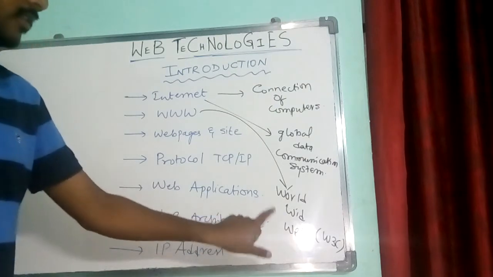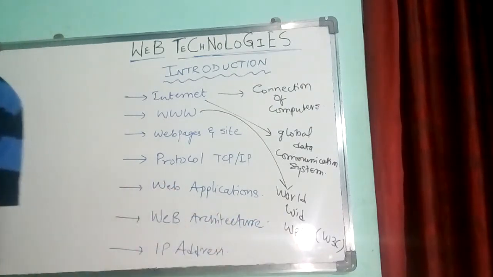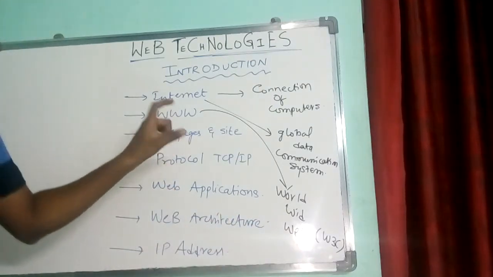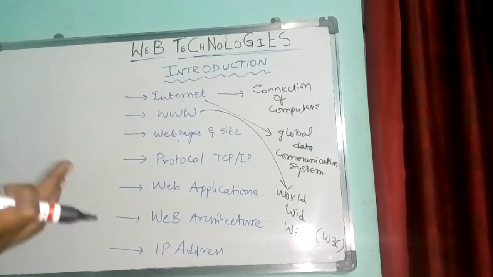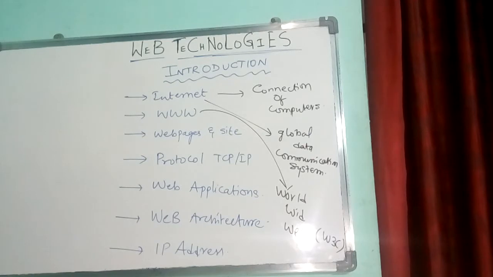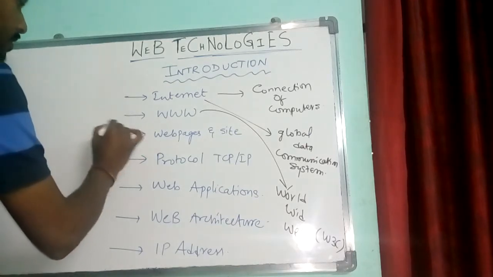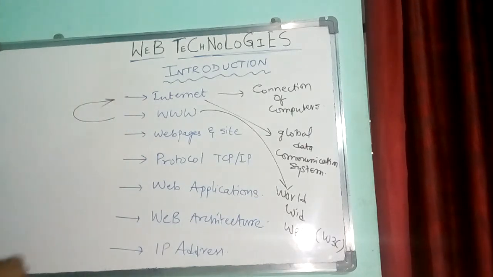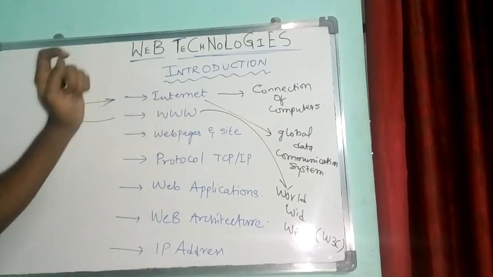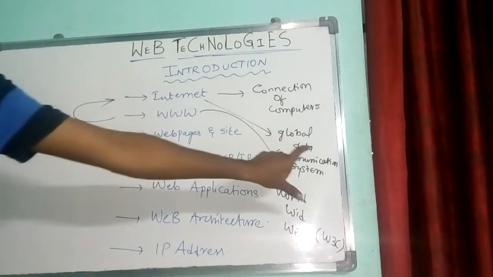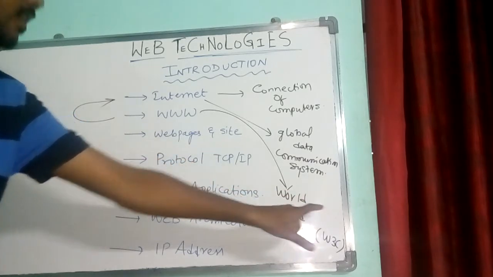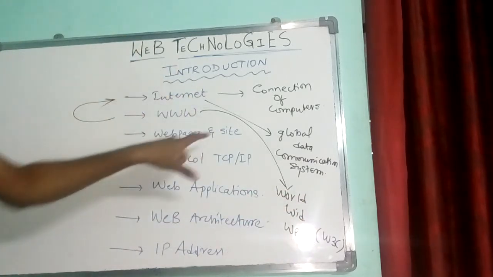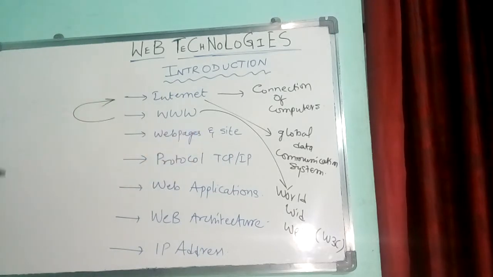W3 indicates 3 W's, C indicates consortium. This www is just a source to retrieve the information of the internet. Internet is basically a data communication system. It has all the networks and all the data. To retrieve from the internet, one of the sources is www.